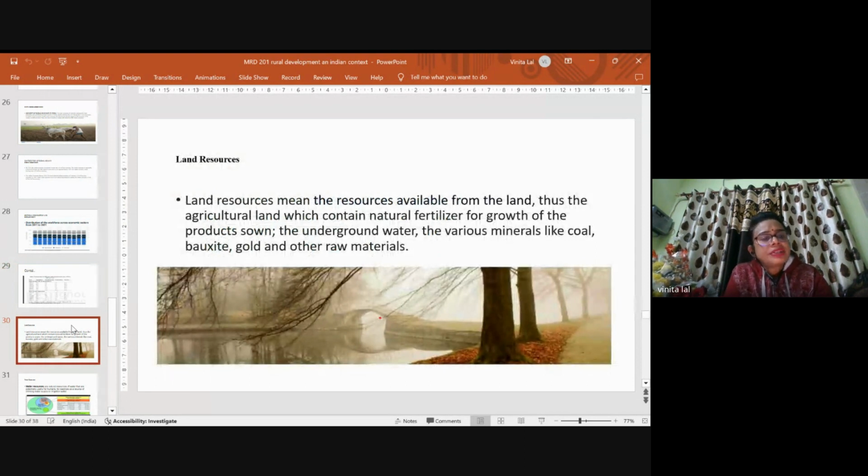Now come to the land resource. What is land resource? This is also a very important part of rural development. It means the resource available from the land, thus the agriculture land, which contains natural fertilizer for the growth of products, the underground water, and various minerals like coal, bauxite, gold, and other raw materials.